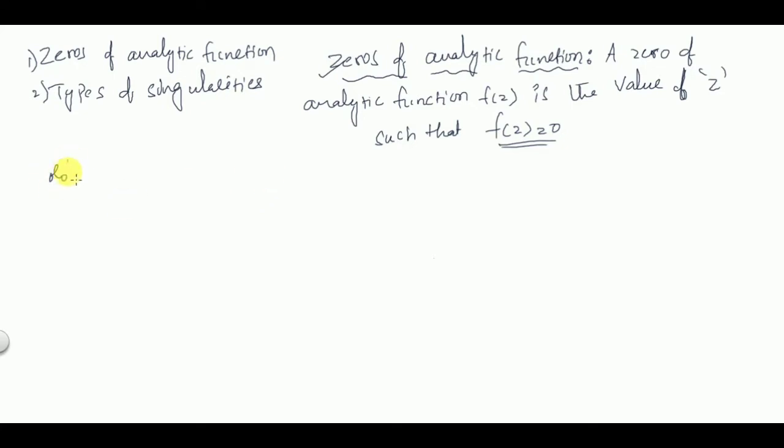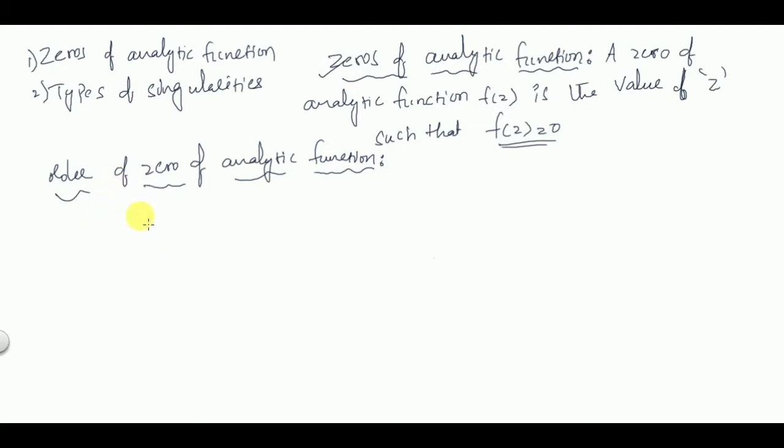So order of 0 of analytic function. How to find the order of 0 of this? That is 0 of order 3, 0 of order 2.